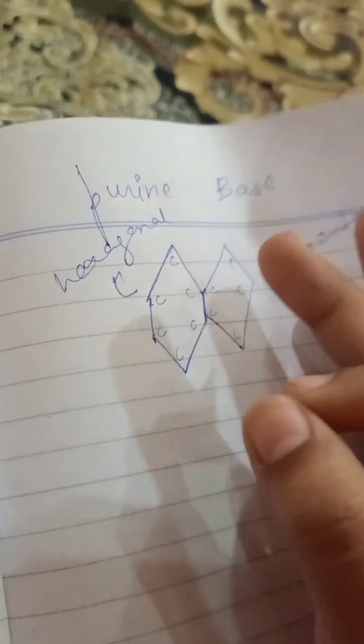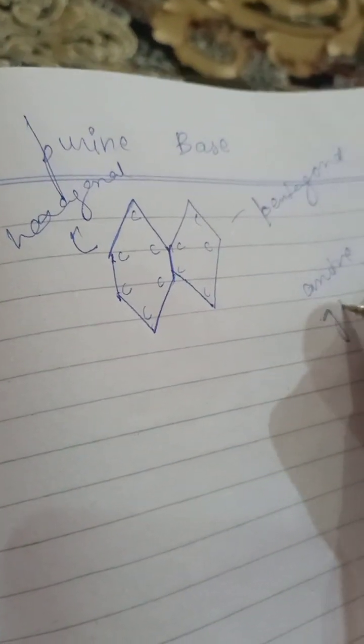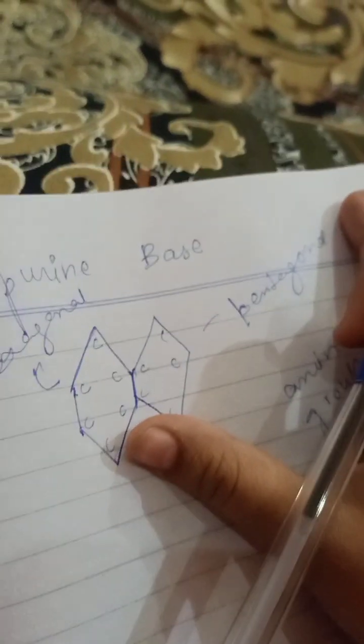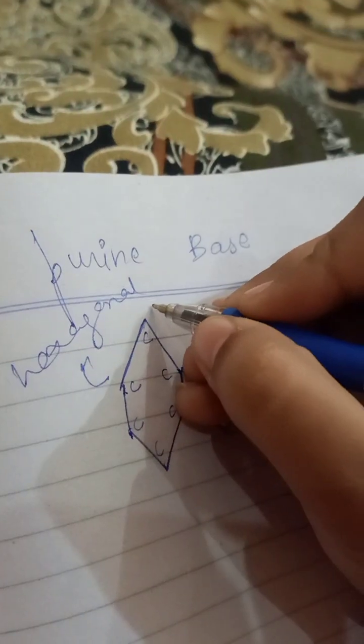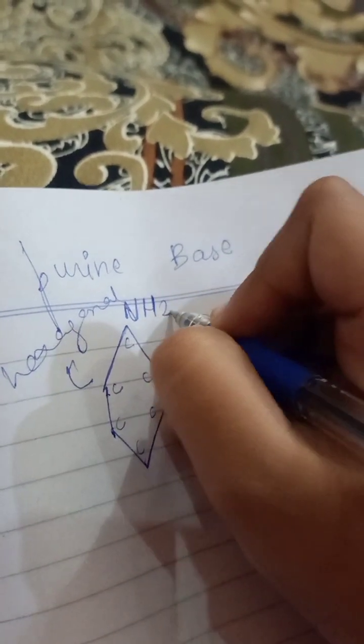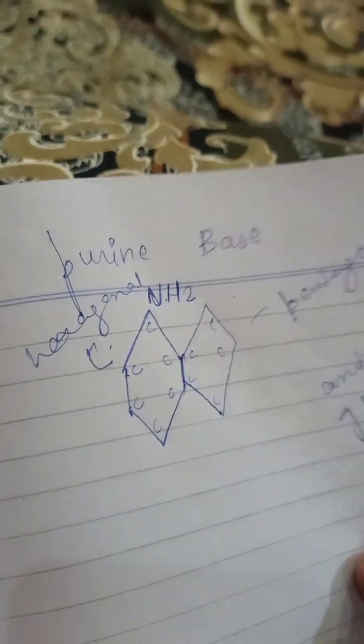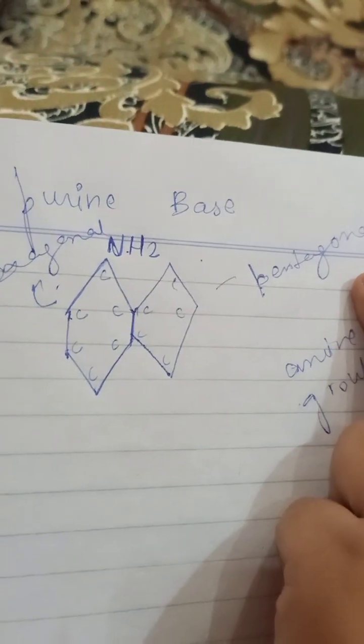Second thing, the amine group, that is NH2. If the amine group is at the upper side of the hexagonal ring, it is important that it will be on the hexagonal, but in some cases it can be on the pentagonal as well.